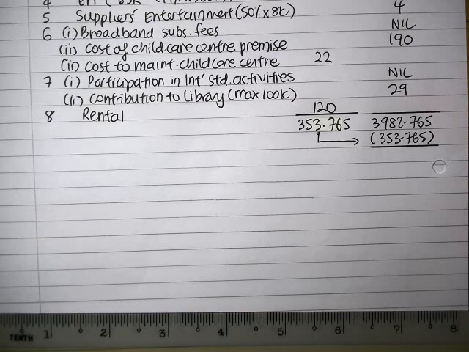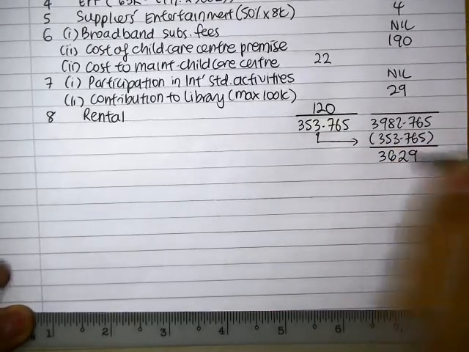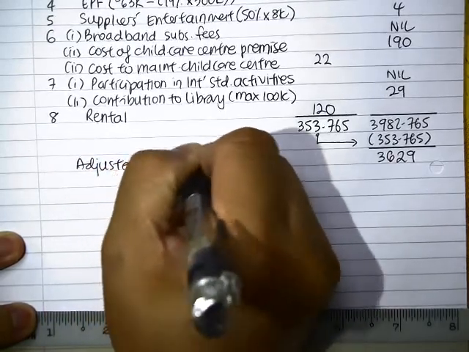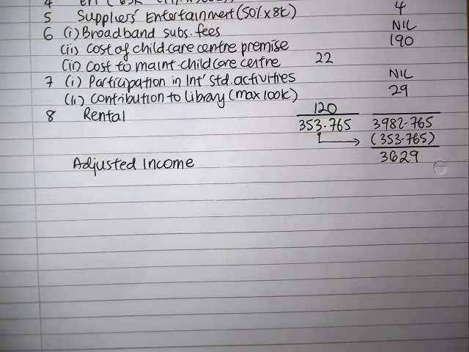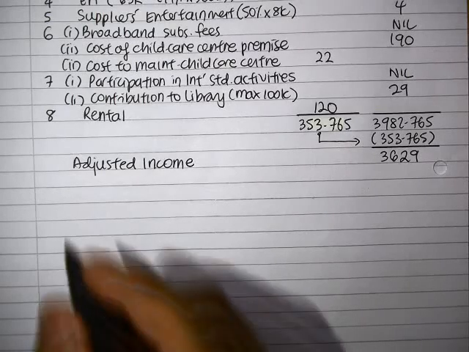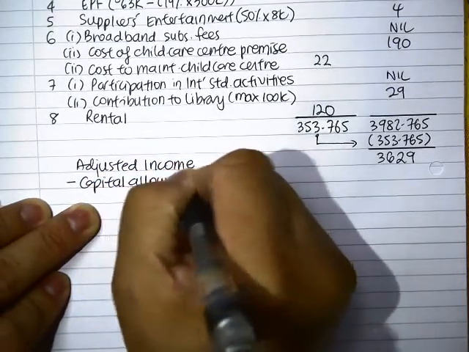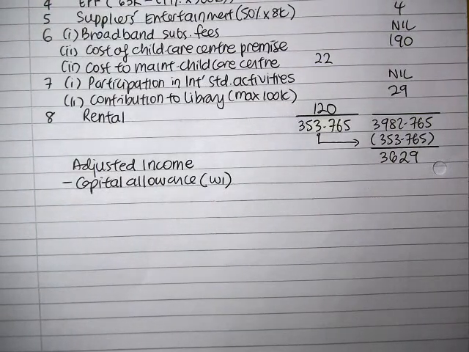So after minusing the figure, we get 3,629, which is your adjusted income. Once you come to your adjusted income, then you will minus your capital allowance. So you're going to minus your capital allowance. So how much is your capital allowance?